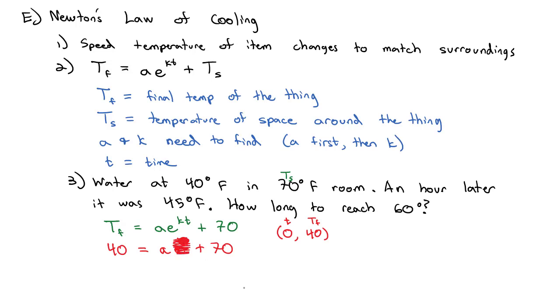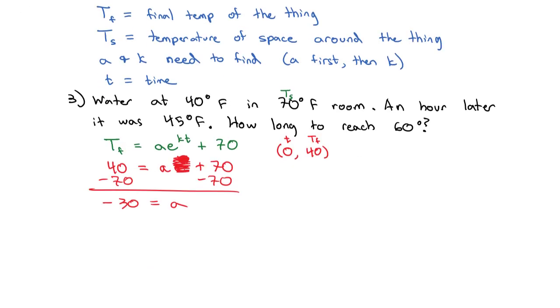And 1 times A is just A. So it really just leaves us with the A. So 40 is A plus 70. Subtract 70 from both sides, and negative 30 is equal to A. Okay, that's kind of nice because now my formula is the final temperature is negative 30 e to the kt plus 70. We're starting to fill in the pieces.